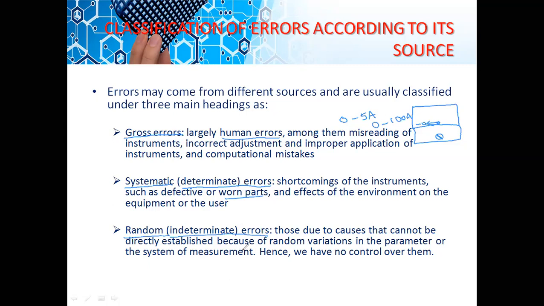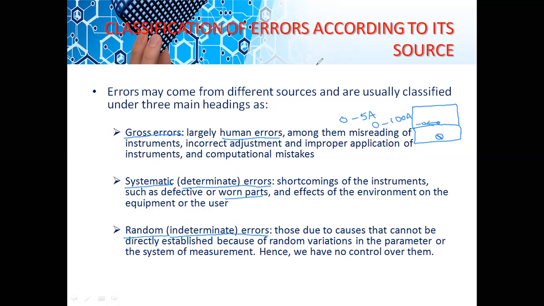Here, if the parameter which we are going to measure is varying randomly, or if there are changes in the system that you are using for measurement randomly, then we are going to get errors, and those errors are called as random errors, and we cannot have any control over them.